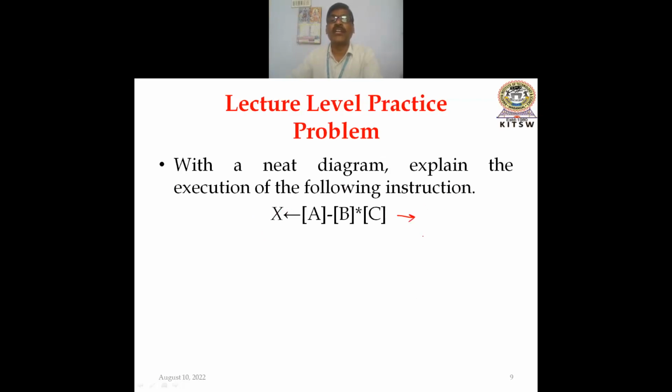Please draw the diagram showing the loading of each instruction, assuming the first instruction is loaded at the ith memory location, and that the memory word length is 32 bits, that is, 4 bytes. You can take I plus 4 as the location where the second instruction is loaded in the main memory. With the neat diagram, try to explain how this operation will be performed.